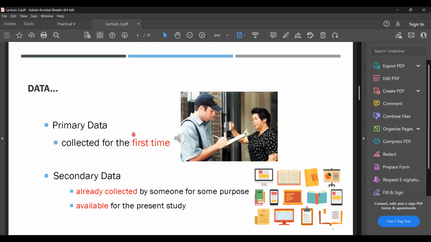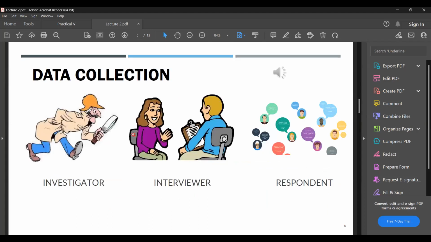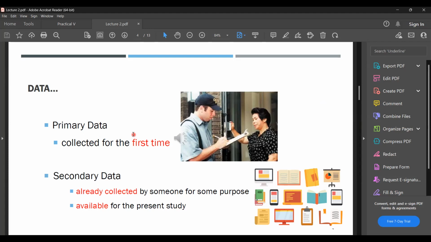Sometimes you might use data from company reports, central bank reports, or data sets uploaded on the Department of Census website. Those sources are called secondary data.